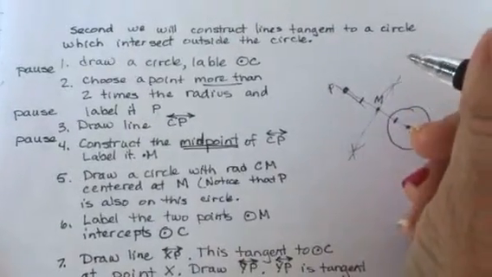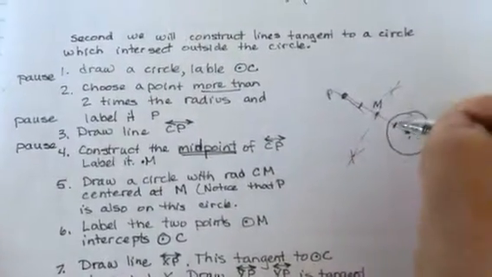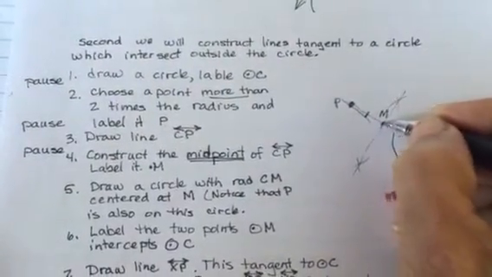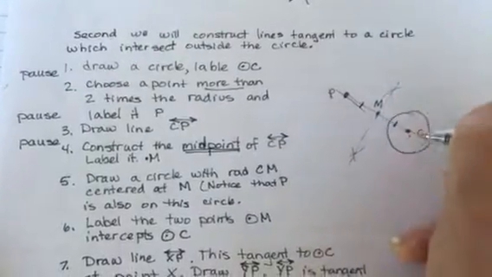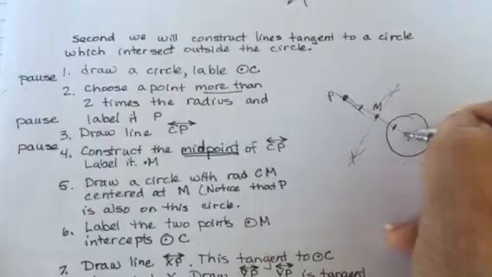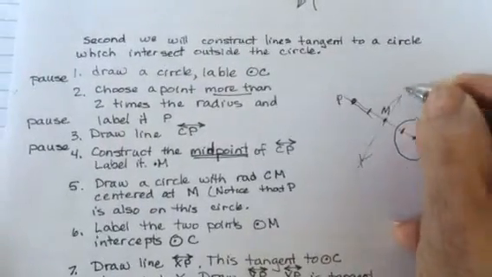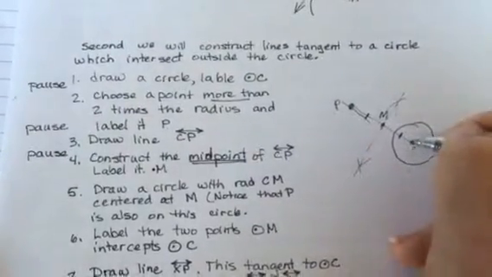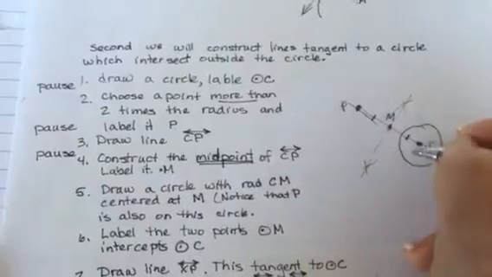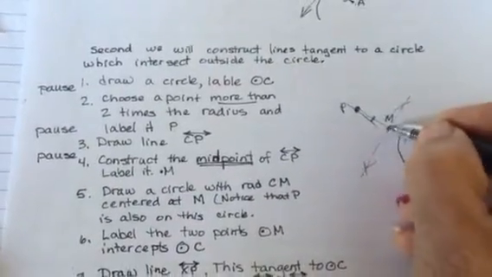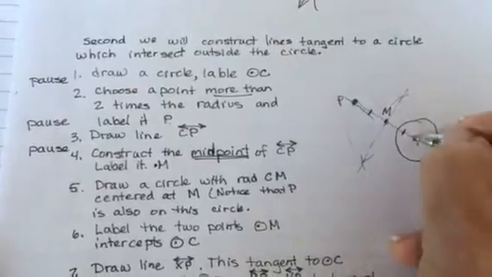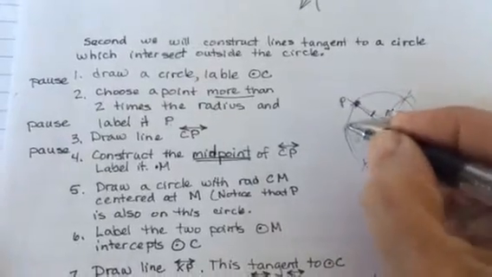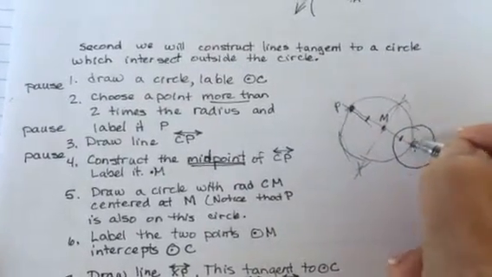Now we need to draw a circle with the radius of CM centered at M. So right here, put your compass point, set out the length for your pencil, and draw a circle that will have your center at M. As you're drawing it, you will find that if you've constructed your midpoint right, it will also go through P. This is not constructed.